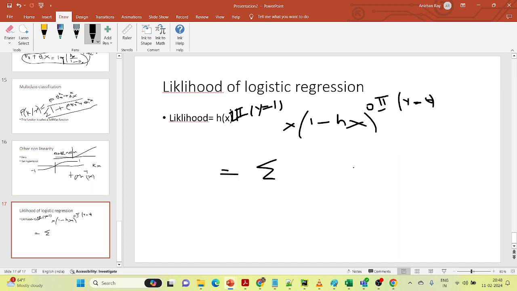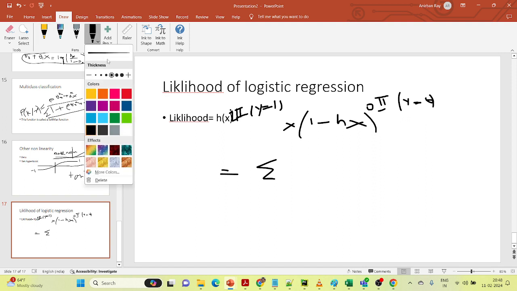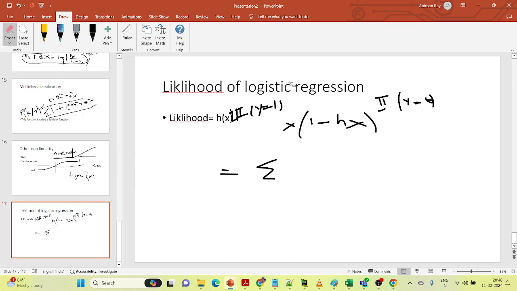Here also it will be 1 when y is equal to 0. Got it? So the log likelihood will become 1 when y is equal to 1, log of h of x.